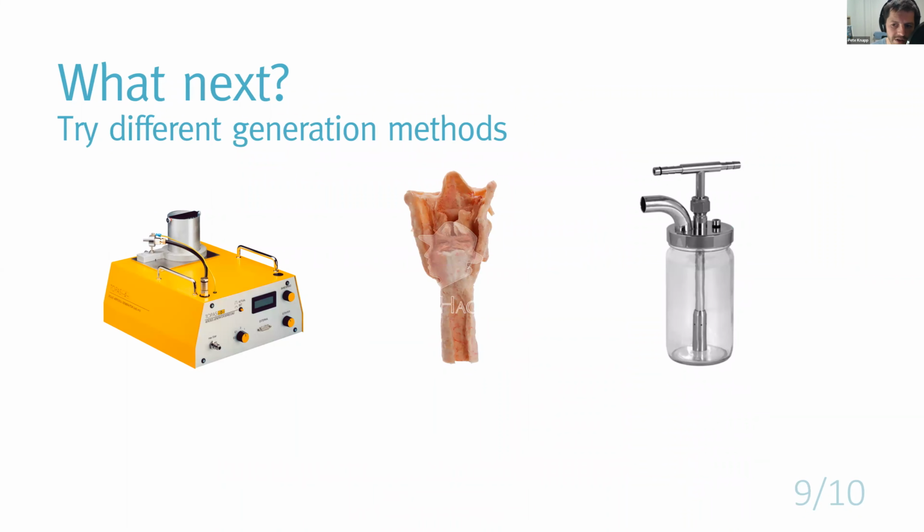What to do next? I'd like to try different generation methods. The one I've been using is the one on the right, this Collison. But really to find out how the charge state of a synthetic lung fluid gets affected by producing it with a kind of larynx?